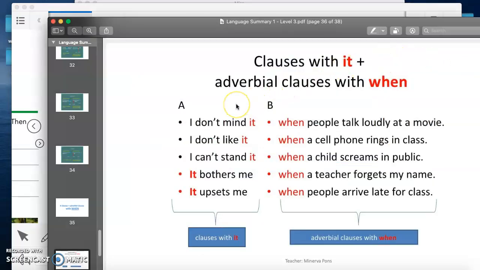So this is what we are going to be working with on the second part of this unit. We have clauses with it plus adverbial clauses with when. So I can say, I don't mind it when people talk loudly at the movie. Who can read the second one?